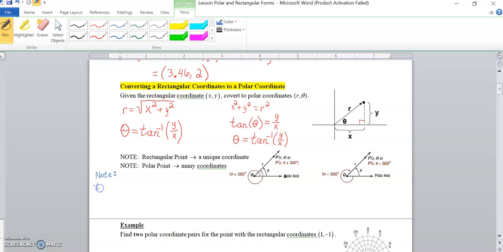Tangent inverse, when you put it in a calculator, will only give you values in certain quadrants.